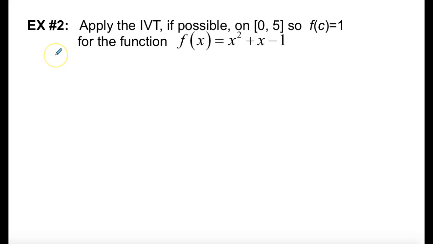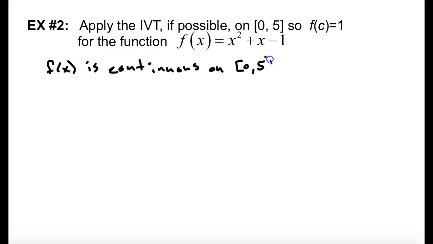So we can say that our function f of x is continuous on our interval 0 to 5 because f of x is a polynomial. Okay, all polynomials are continuous everywhere.